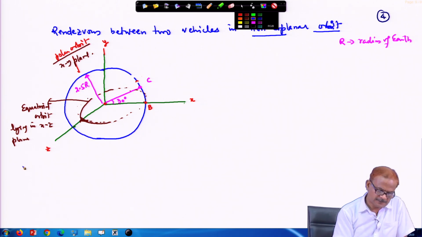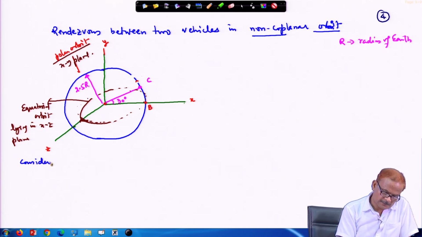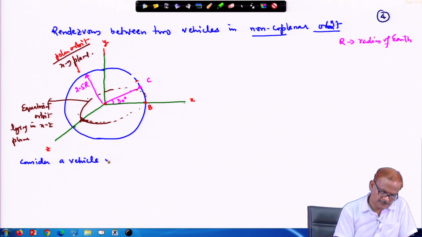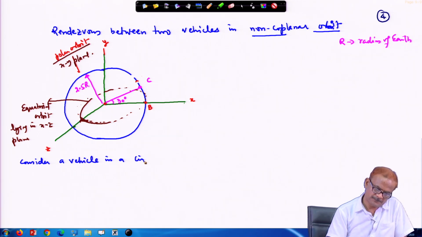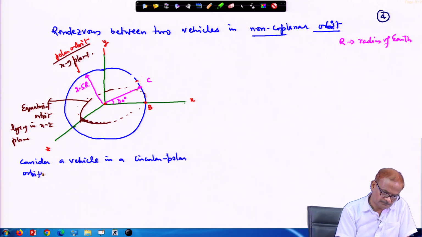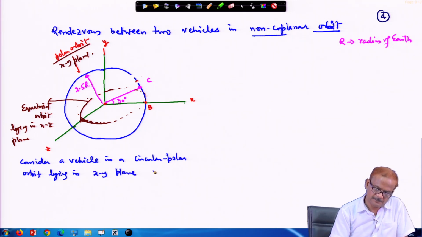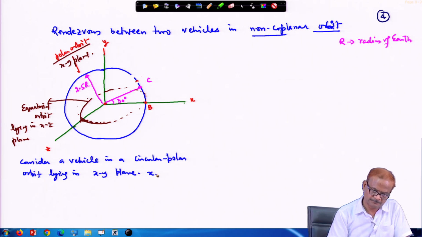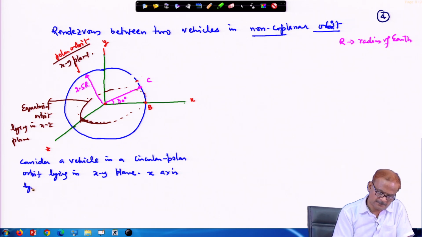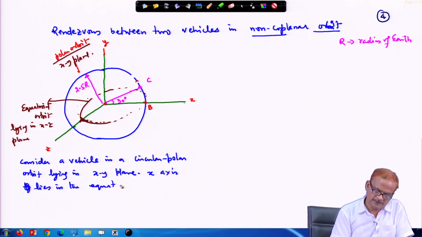So, quickly I write the statement for this. Consider a vehicle in a circular polar orbit lying in the xy plane, whose x axis lies in the equatorial plane.